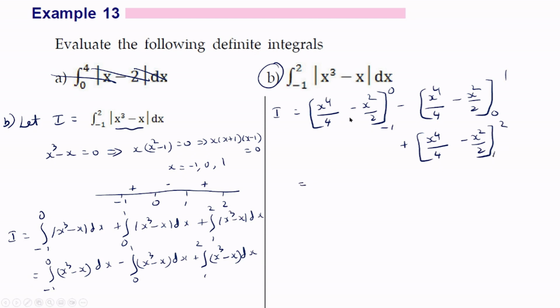So when we put the upper limit, it is 0 minus, when we put the lower limit, it is 1 by 4 minus half. Minus, here when we put the upper limit, it is 1 by 4 minus half, and the lower limit is 0. Then here when we put the upper limit, it is 2 raised to 4, 16 by 4, 4, minus 2 square is 4 by 2, 2, minus the lower limit, 1 by 4 minus half.